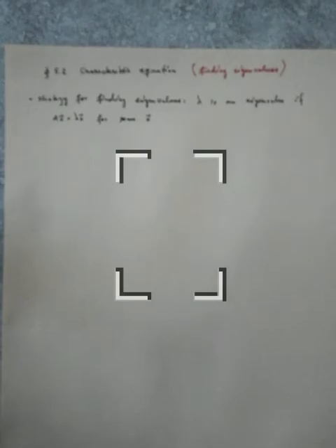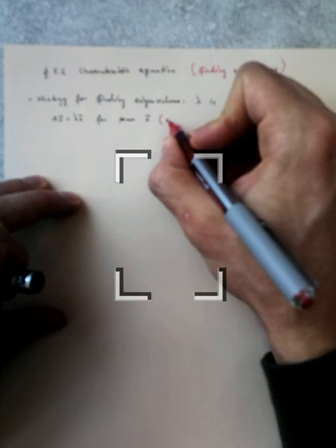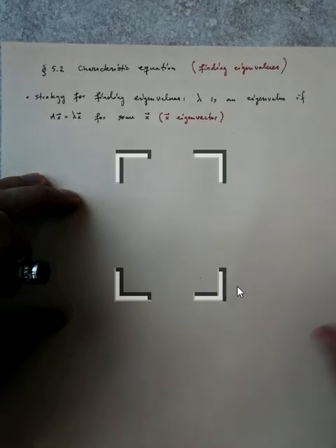So remember, this is the definition of an eigenvalue. Okay, so x is my eigenvector. Remember from last time.